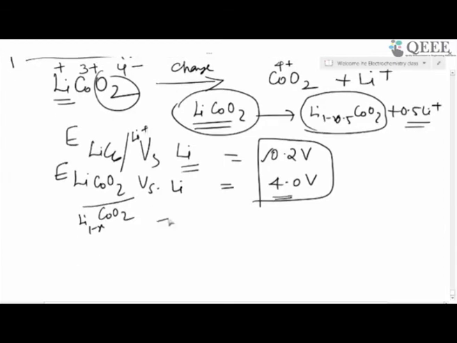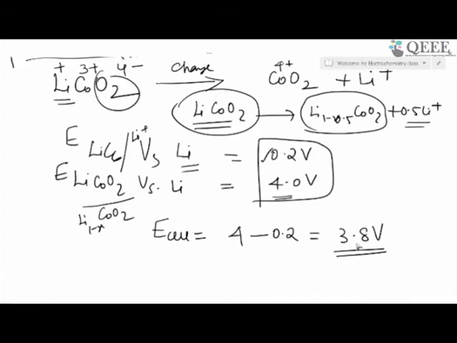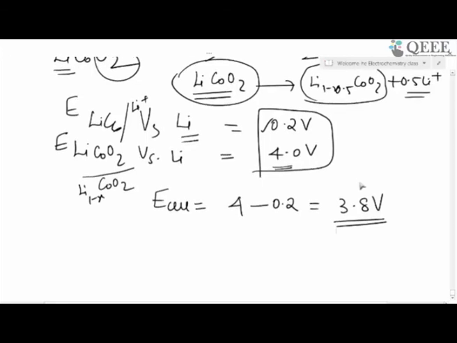So now the E cell is going to be E cathode minus E anode, that is 4 minus 0.2 volt, which is 3.8 volt. So 3.8 volt is a typical voltage of lithiated graphite anode versus LiCoO2 cathode. Okay. So during discharge, this should be the form, because it should be lean in lithium composition, then only you can intercalate the lithium.